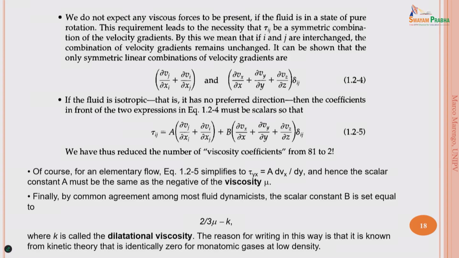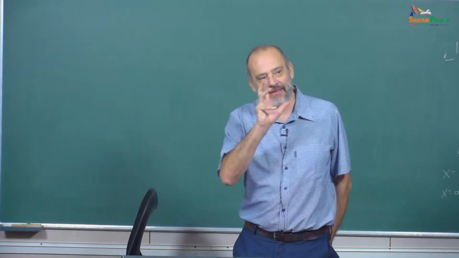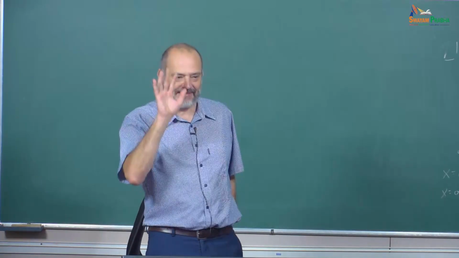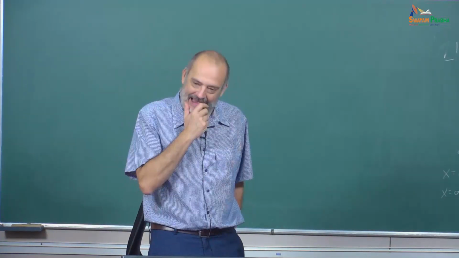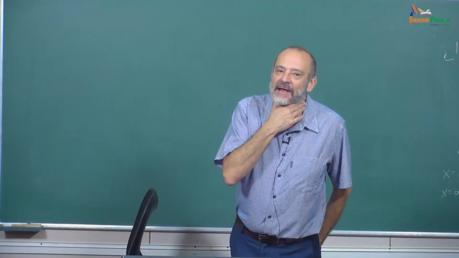A little bit more complex is the part linked to B, okay? I wrote, by common agreement among most fluid dynamicists, and the sentence already says something about the fact that, well, it can be like that. Maybe someone is raising hands. Yeah, are you sure? Okay, I don't know exactly.